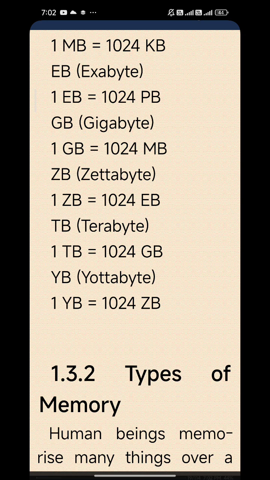Zettabyte, ZB: 1 ZB is equal to 1024 exabytes. 1 TB terabyte: 1 TB is equal to 1024 gigabytes. YB yottabyte: 1 yottabyte is equal to 1024 zettabytes.